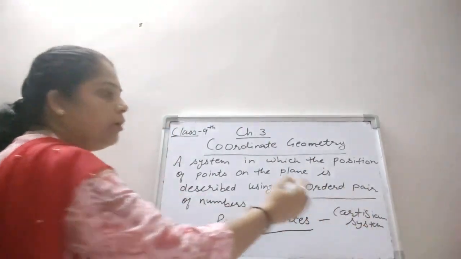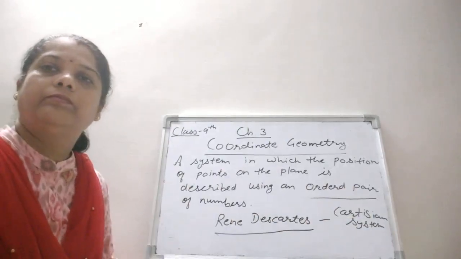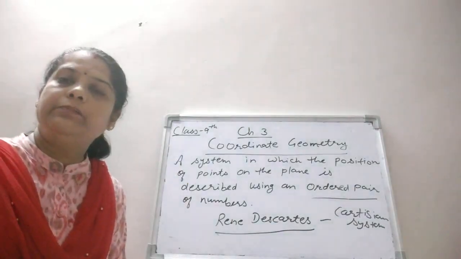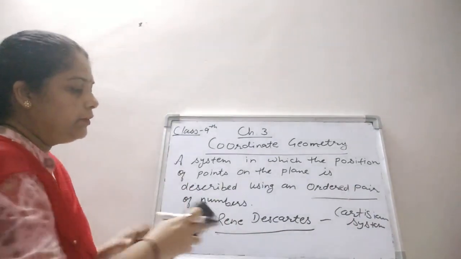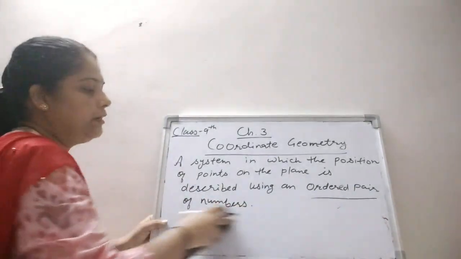Now, what is an ordered pair? An ordered pair is a specific pair of numbers with A at first place and B at second place.